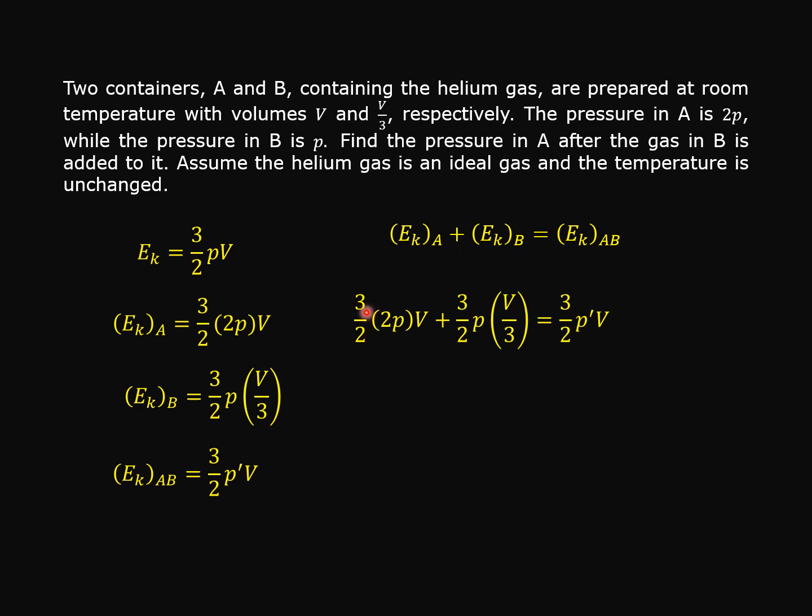Then we have 3/2 times 2PV for the first term, and 3/2 P times V/3 for the second term, and 3/2 P prime V for the term at the right hand side of the equality sign.